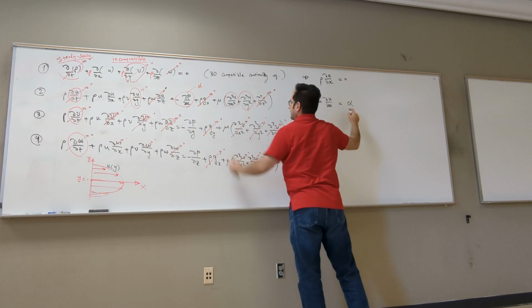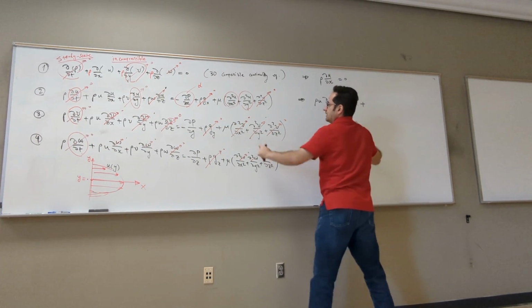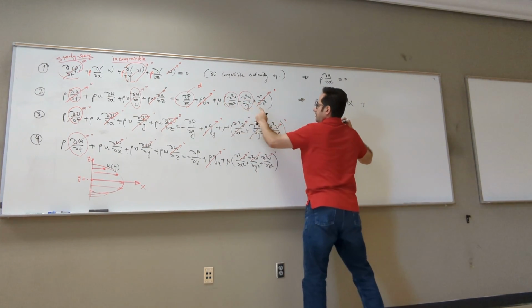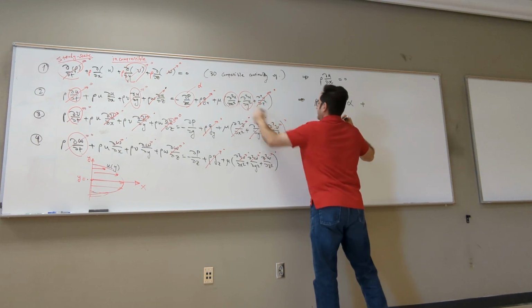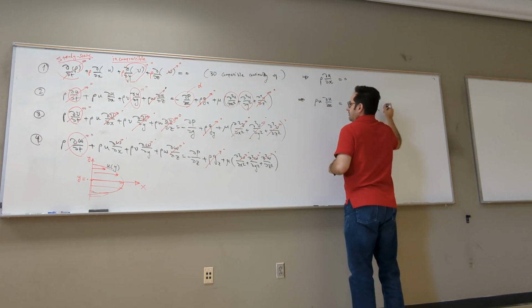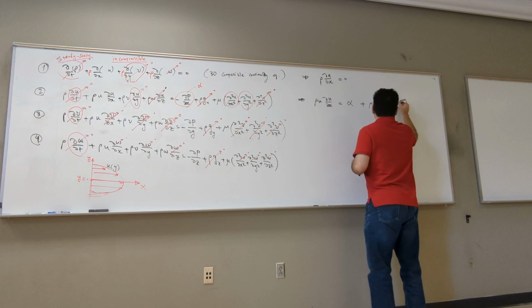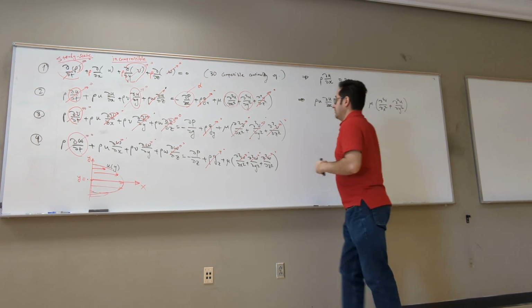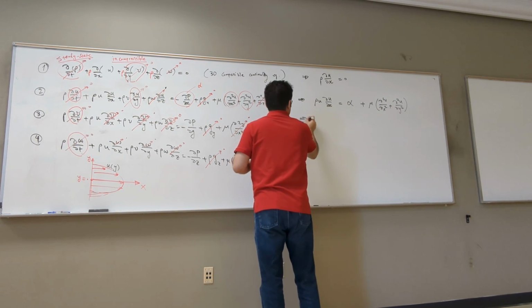Then this is zero, and these two are also unknown, but this one is zero. So I say mu times the second derivative of u is the remaining term. That's the second equation.